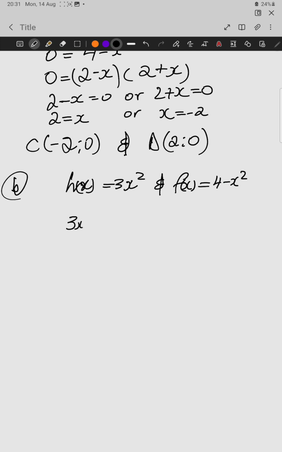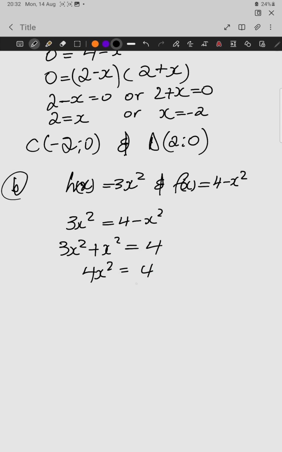Therefore, 3x squared is equal to 4 minus x squared, and then we collect the like terms. We take x squared to that side, so 3x squared plus x squared is equal to 4. So 3 plus 1 is 4x squared, and then we transpose 4 to the other side: 4x squared minus 4 is equal to 0.